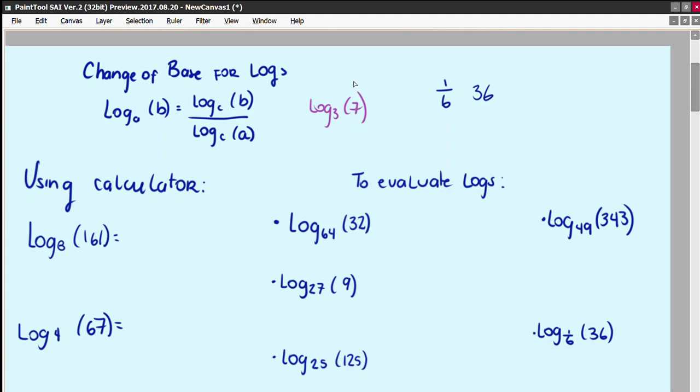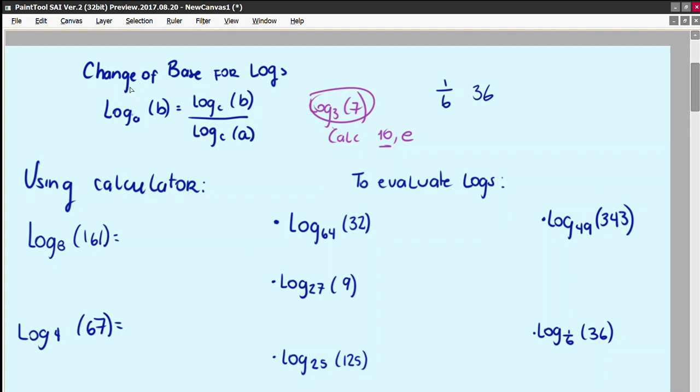So you want to evaluate it with a calculator. And calculators only have base 10 or base e. So if you want to evaluate a logarithm in a calculator, we need to change bases. So we're going to use two different examples in which we have to use a change of base for logarithms. And the formula is the following.